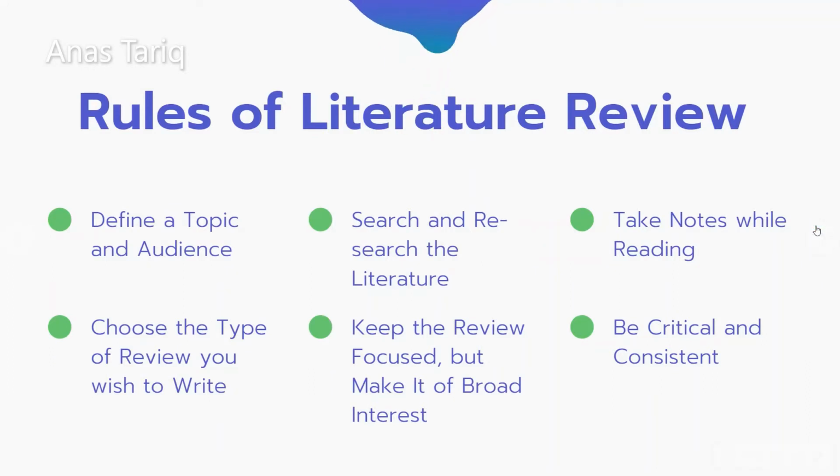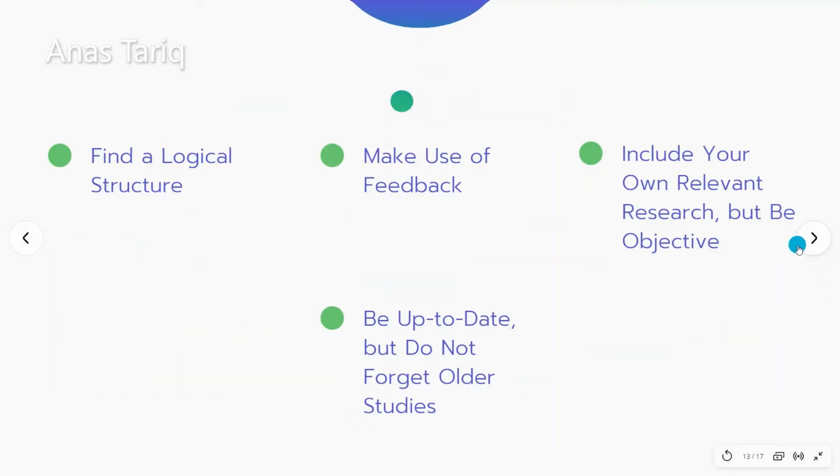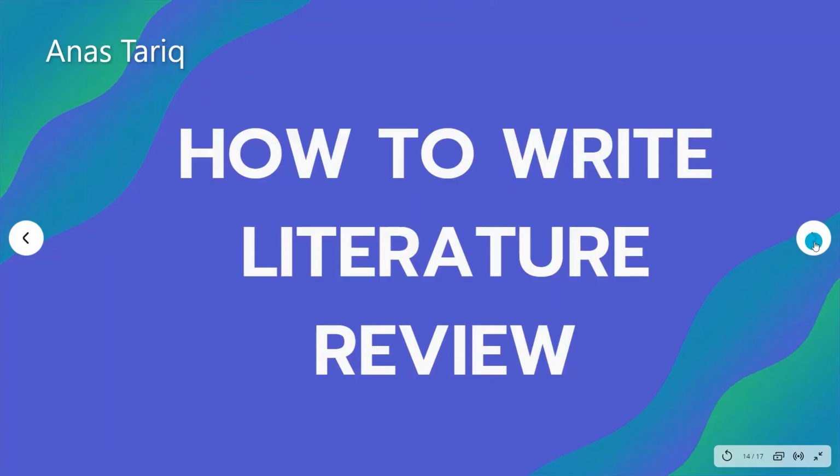In this, you should have defined a topic and audience, search and research the literature, take notes while reading, choose the type of review you wish to write, keep the review focused but make it of broad interest, be critical and consistent, find a logical structure, make use of feedback, include your own relevant research but be objective, be up to date but do not forget older studies.